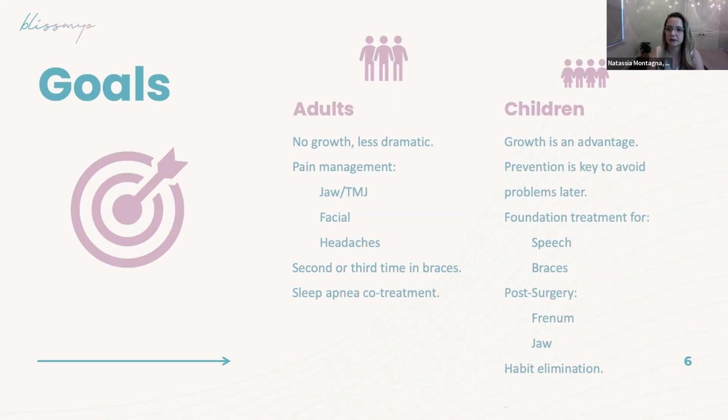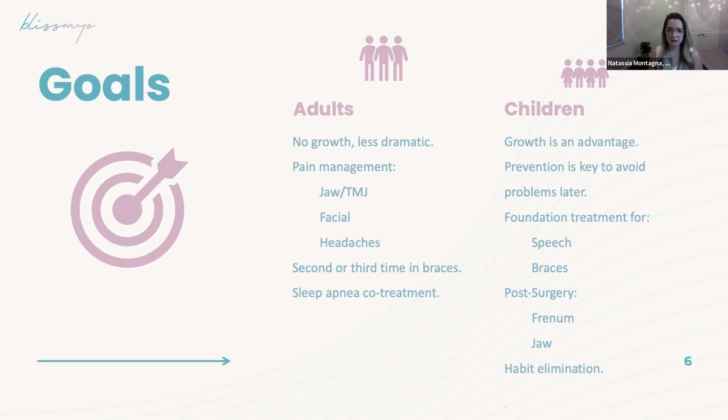So the goals of myofunctional therapy in adults are less dramatic than in children. And that is because in adults, we are already grown, we are already developed. So we are a little bit more limited to how we can do things. But we can certainly help these patients manage their pain of TMJ, facial pain, headaches, head and neck tension.